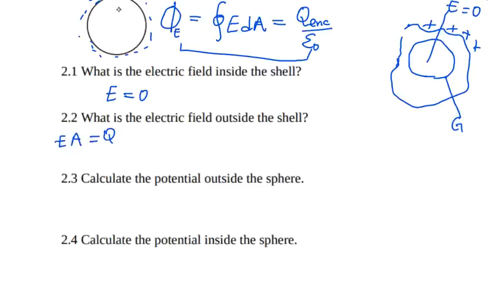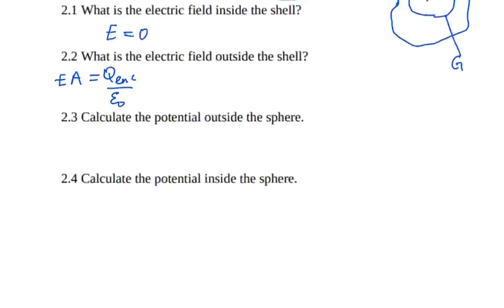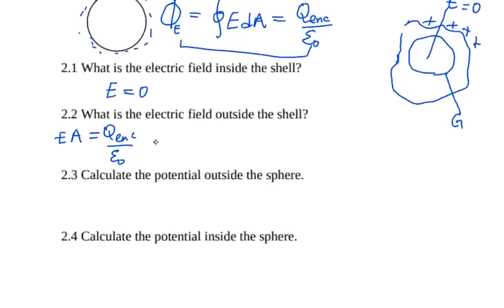Now the charge enclosed here is Q. The shape of this is a sphere, and the area of a sphere is 4 pi r squared. So the charge outside this will be Q divided by the permittivity of free space.